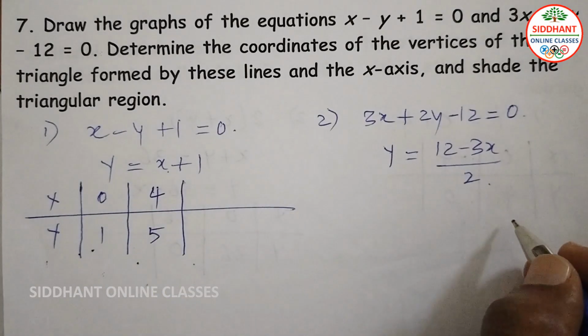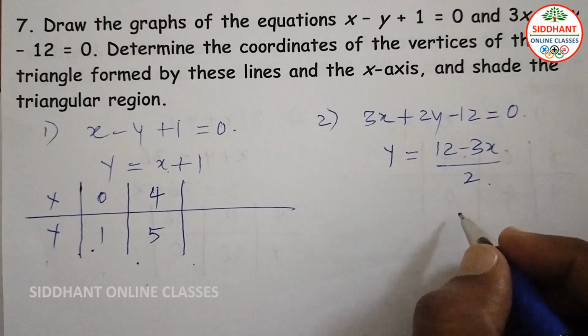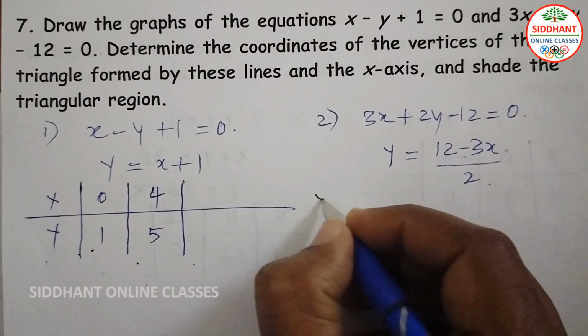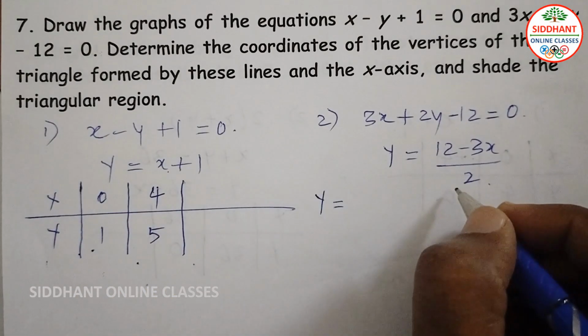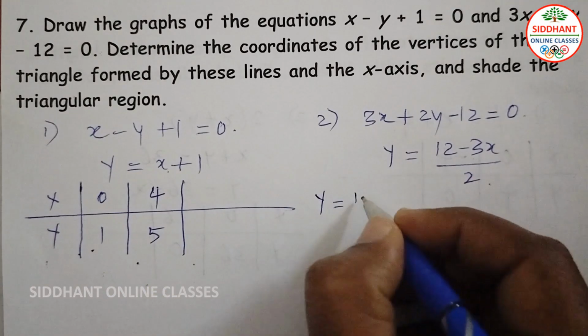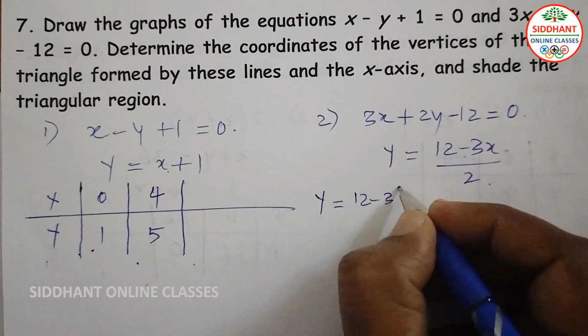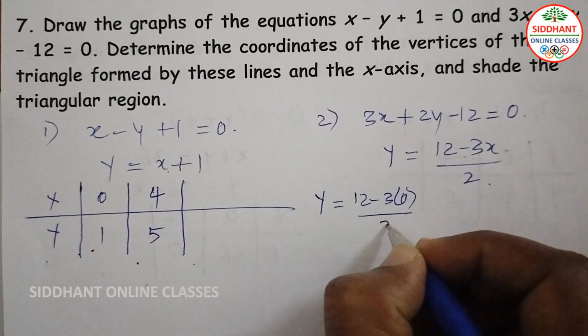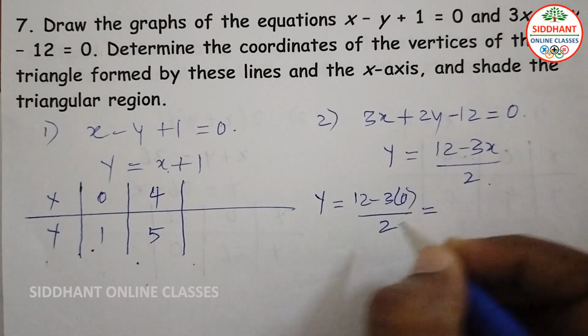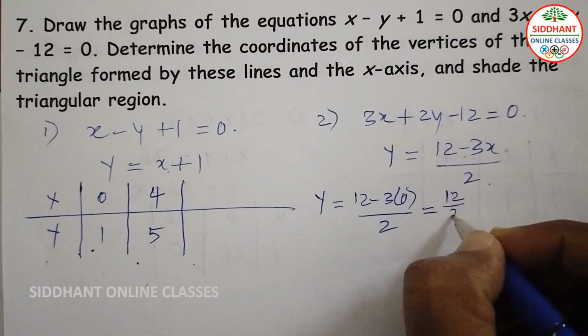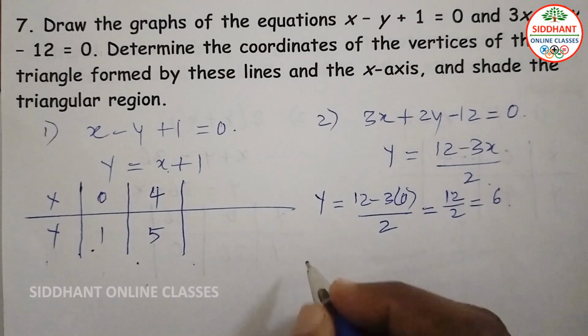In the same way, for y equal to 12 minus 3x by 2, when x is 0, y will be 12 by 2, that will be 6.